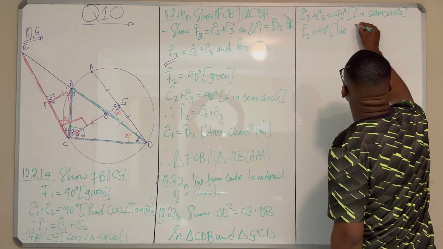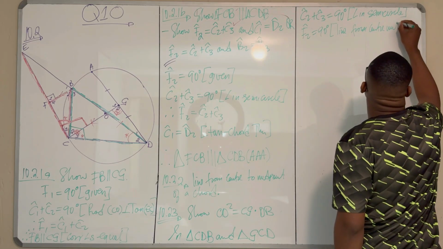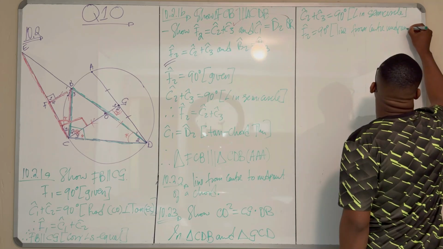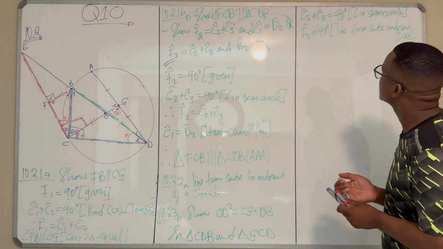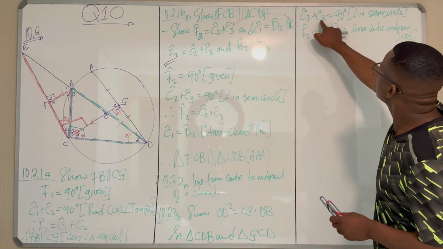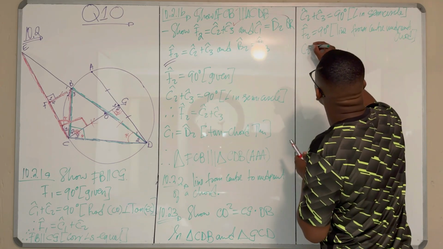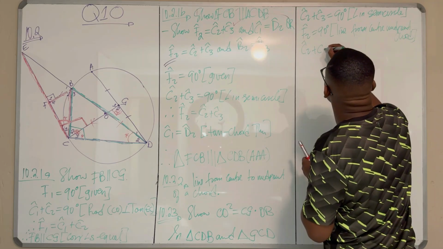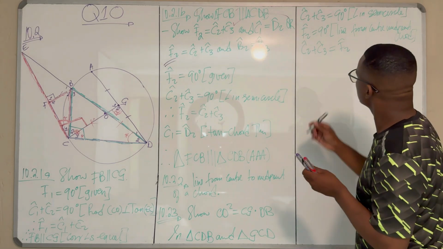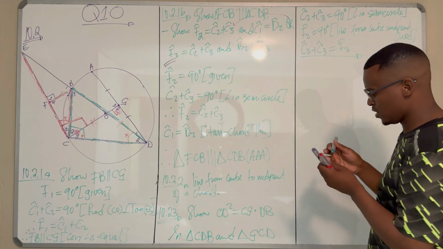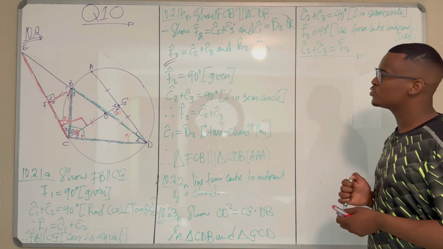Line from center to midpoint of a chord. So if this is 90 and this is 90, therefore these two are equal: C2 plus C3 is equal to angle F2.